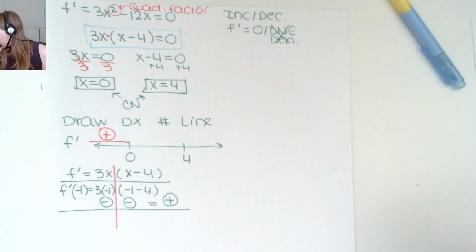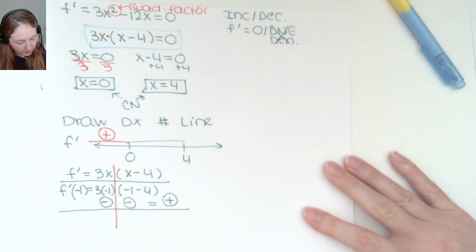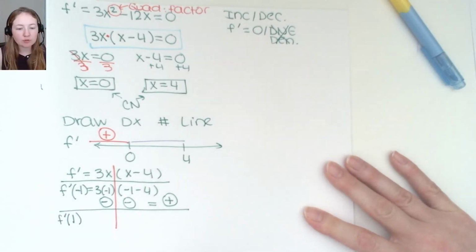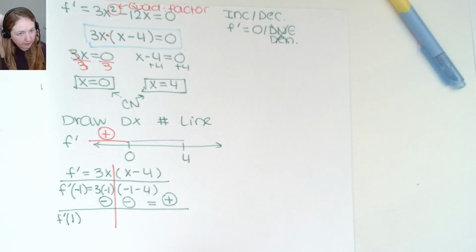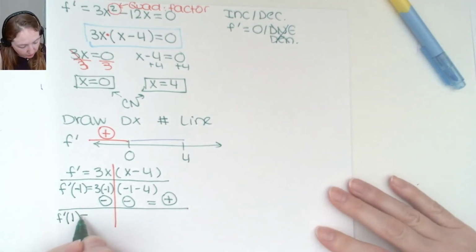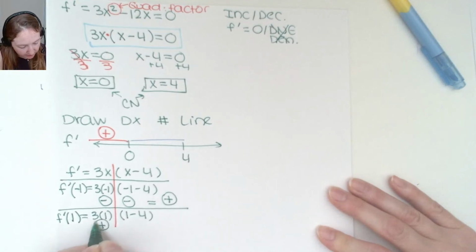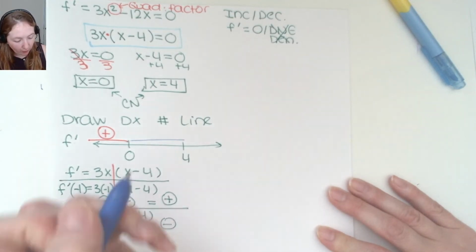Maybe I decide I'm going to plug in 1. And again, I'm plugging into the derivative because I'm drawing the derivative number line. So we have 3 times 1, 1 minus 4. That gives us a positive times a negative, giving us a negative overall.